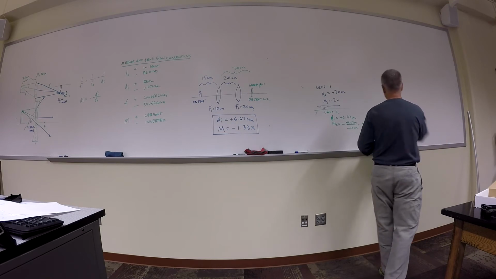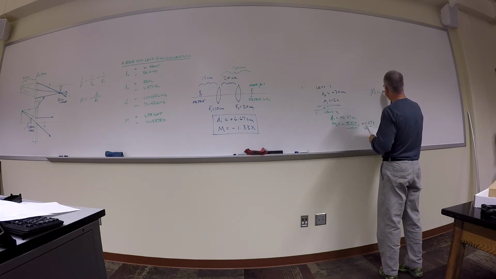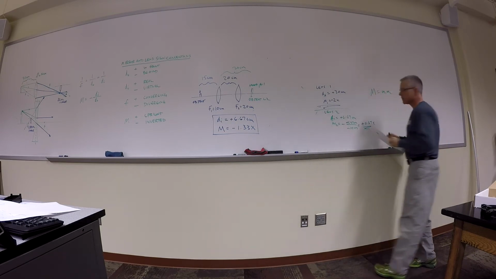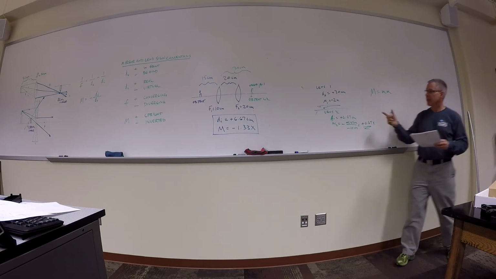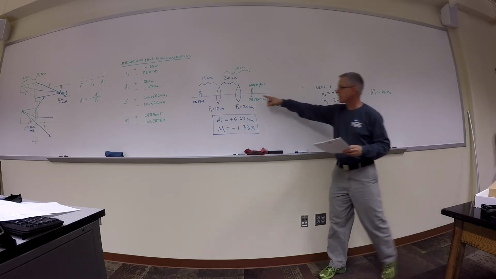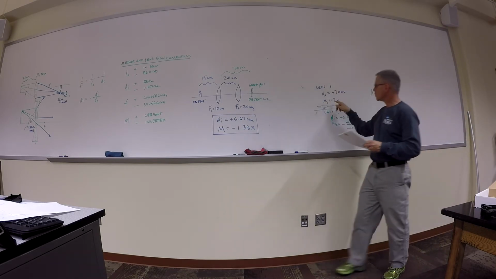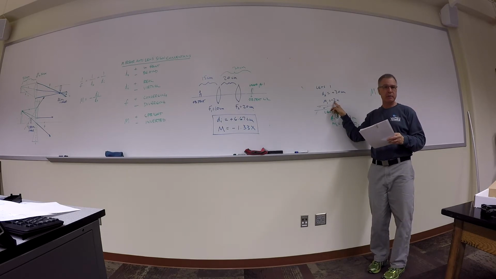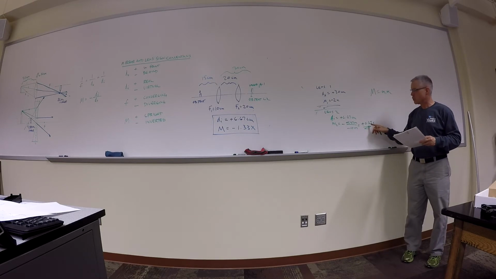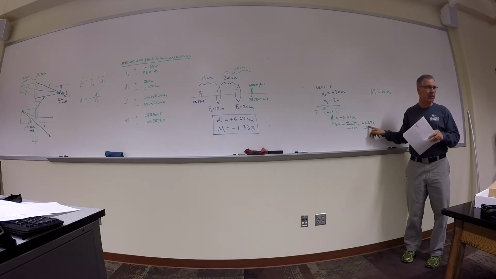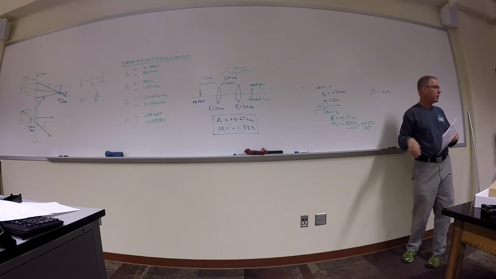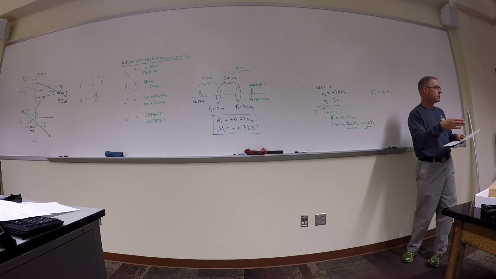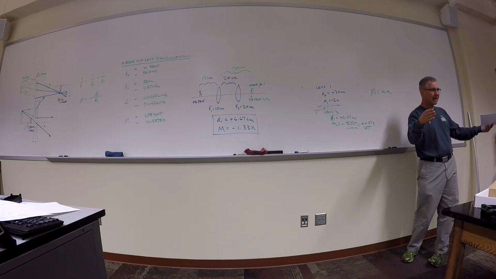To get the total magnification, just multiply these together. Lens one made this thing twice as big as my original. Then lens two did that to the thing that was twice as big. Or to make it simple, find the individual magnifications of each lens and multiply them together to get the grand total magnification.